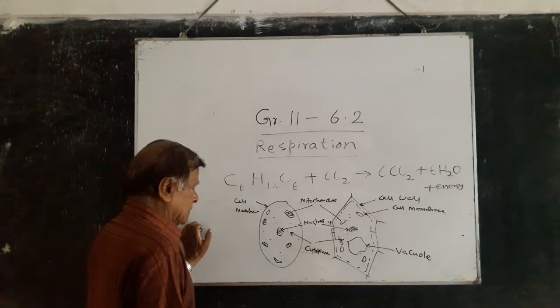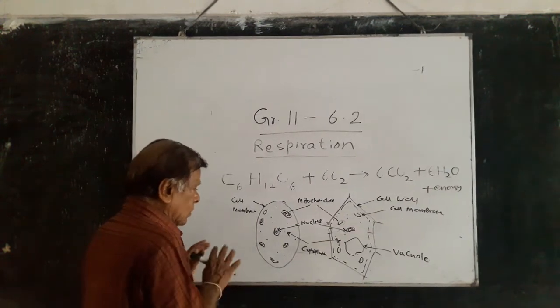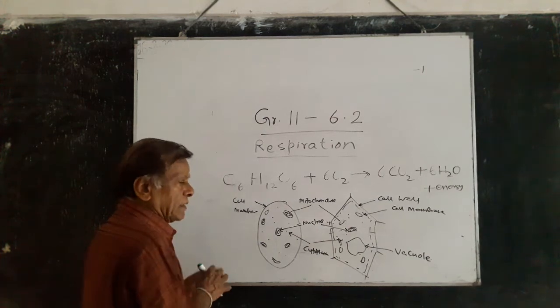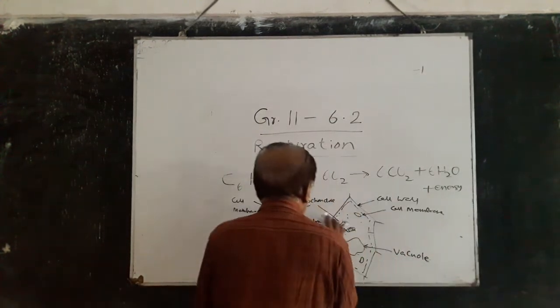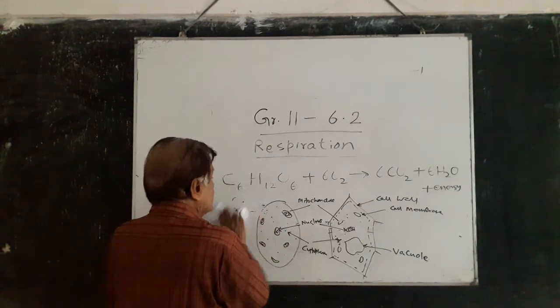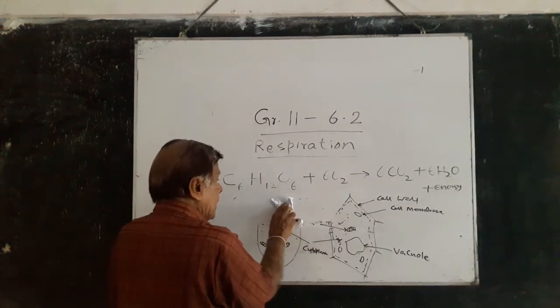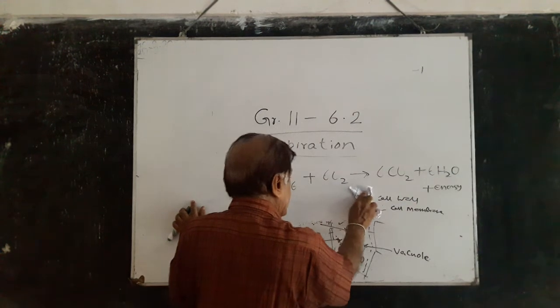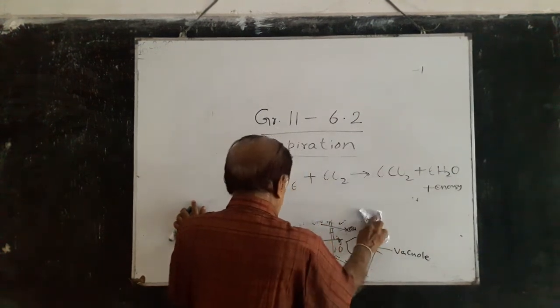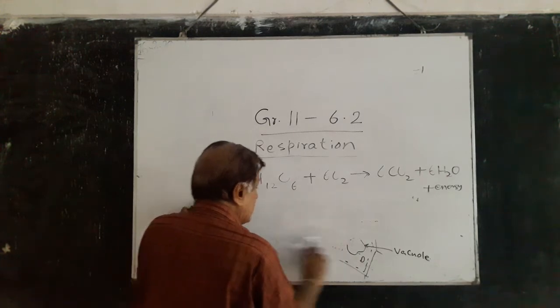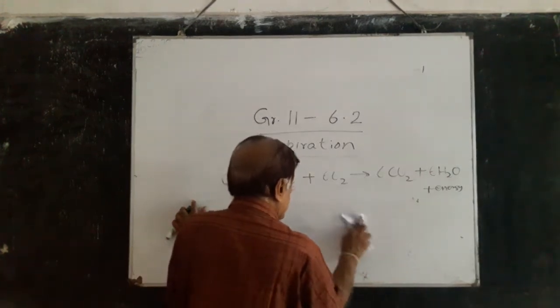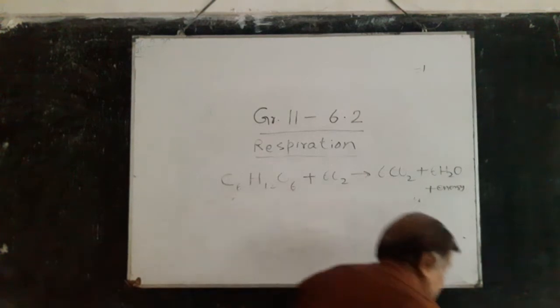Mitochondria are found both in animal cells and plant cells. In these small structures, mitochondria, you have respiratory enzymes, adenosine diphosphate or ADP, and phosphate radicals. So they are needed for this process to occur.